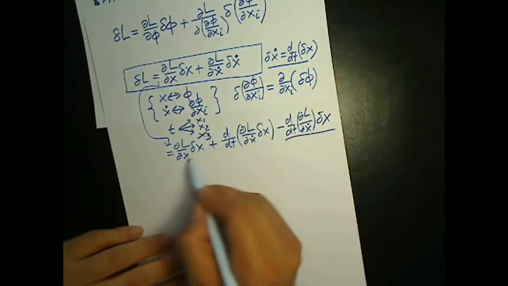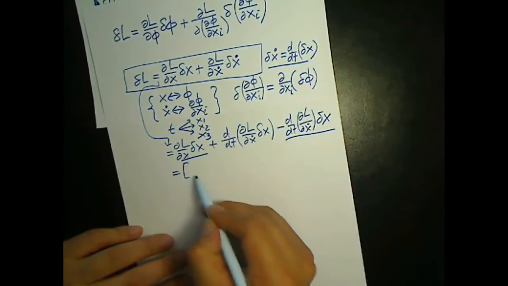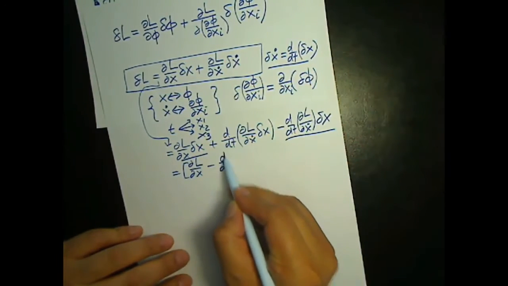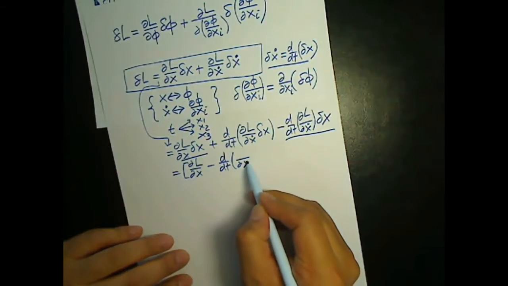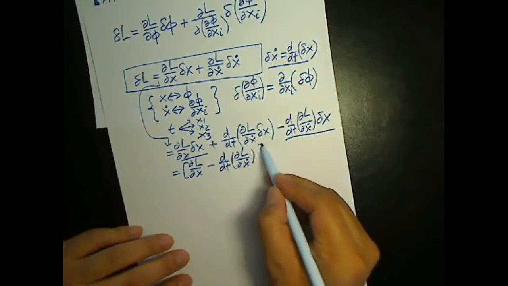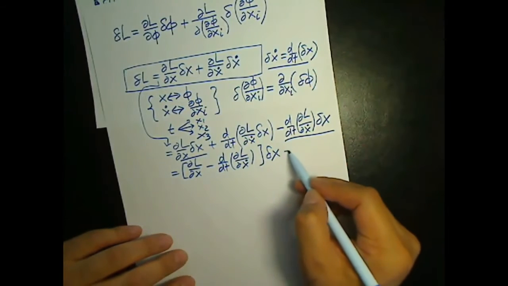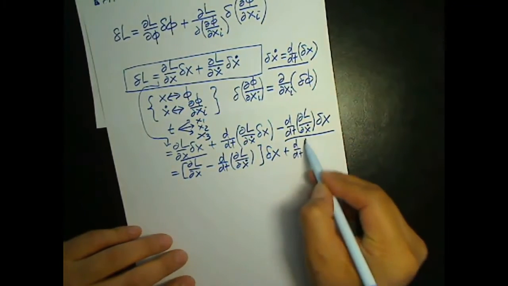And then we combine these two, like this, and the total derivative piece.